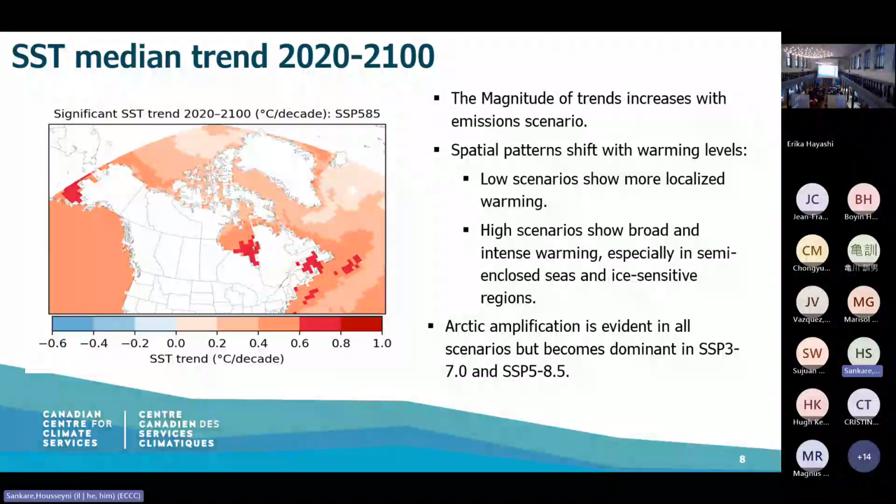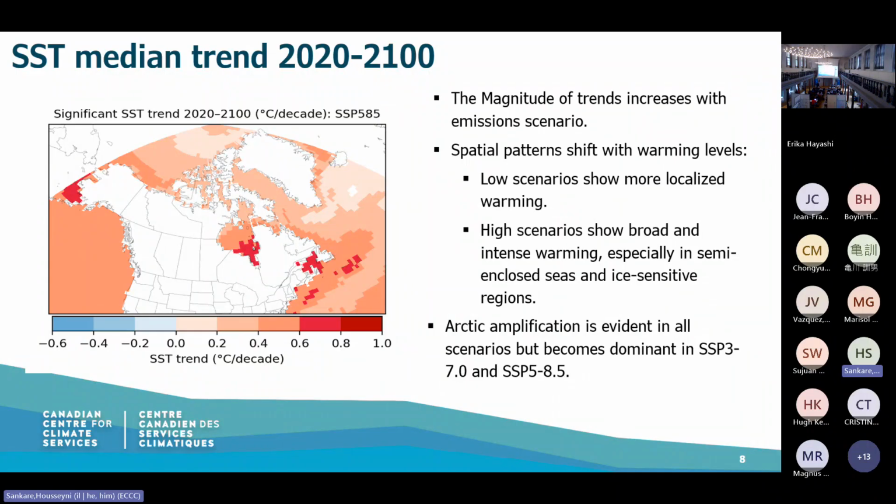And then after that, I did some analysis of the future, comparing the tendencies here. The map shows the linear tendencies in SST for the historical period, from 1970 to 2014, and the fitted projection.